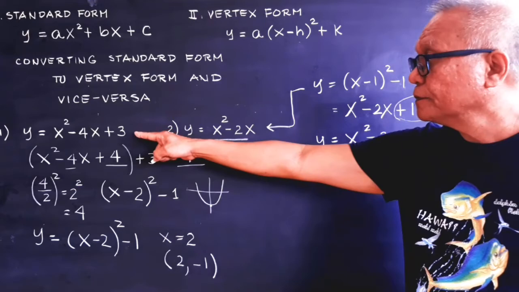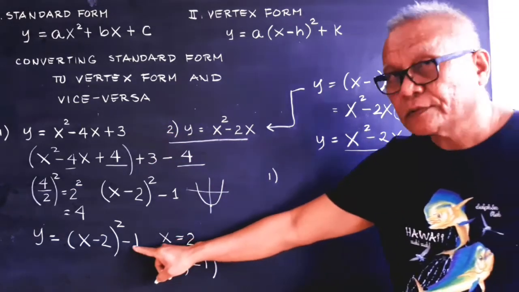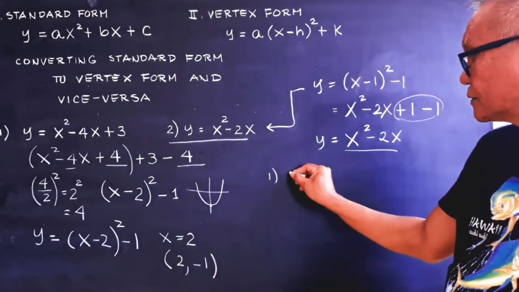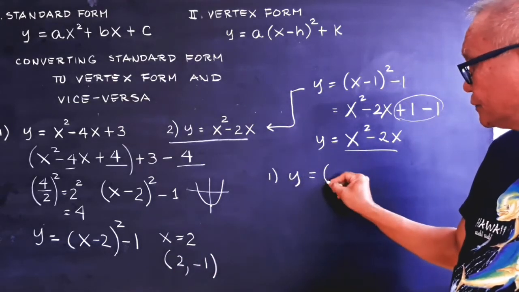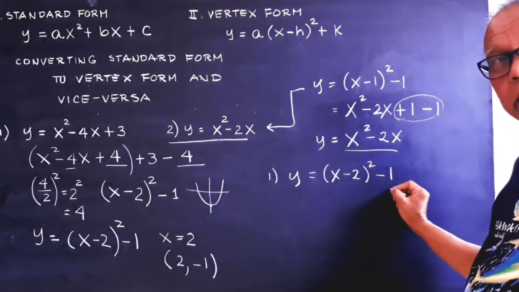What about that one? So for number 1, I'll put here, is that one? This one, class. So y is equal to x minus 2 squared minus 1.